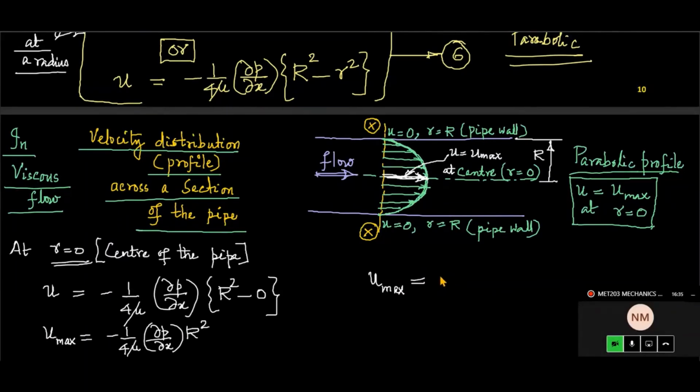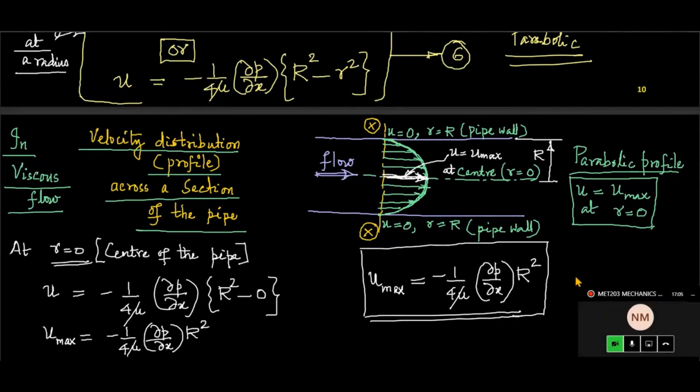That maximum velocity value is minus 1 by 4 mu, where mu is the dynamic viscosity of the fluid, then dou p by dou x is a pressure gradient, which is essentially a negative value, which is constant across the section, into the radius of the pipe square. So this is u max. This is our equation number 7. So we have a string of equations in this case.